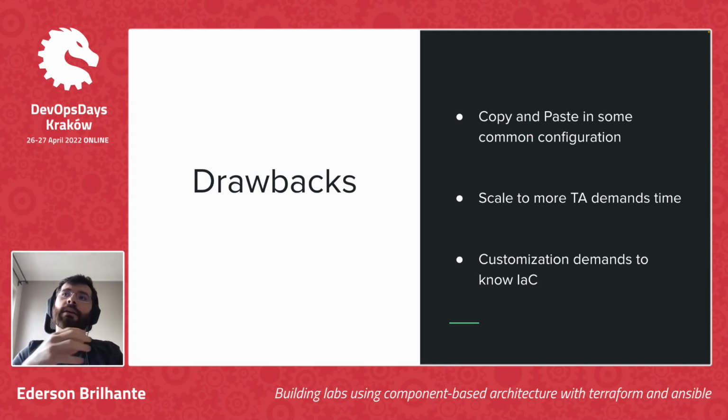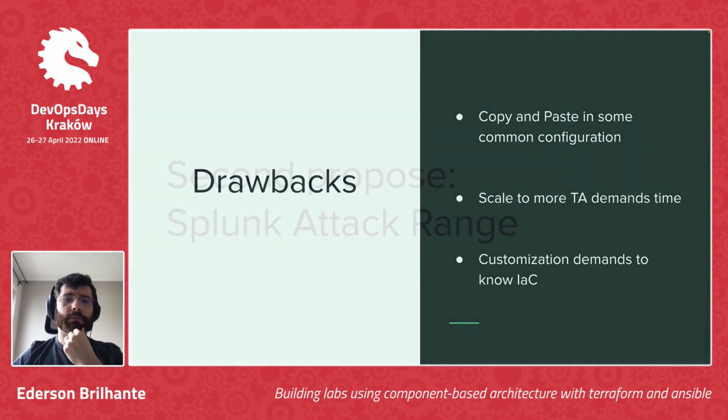If there is a bug, it's hard to scale because you have to fix it in one TA and copy and paste to another TA. And because the teams are small, as I mentioned, it demands knowing infra as code. Because this tooling is more commonly used by DevOps or SREs, there is a gap using this approach.